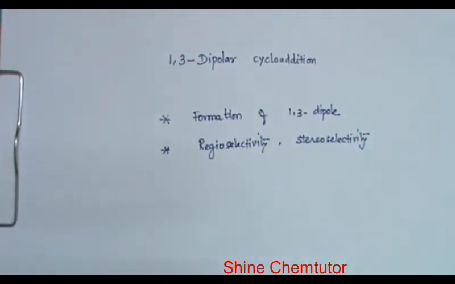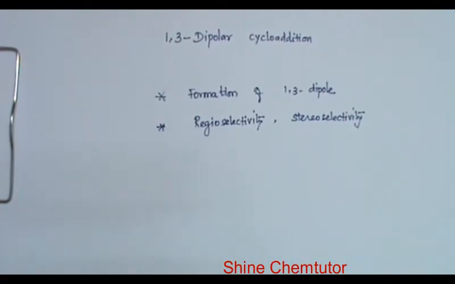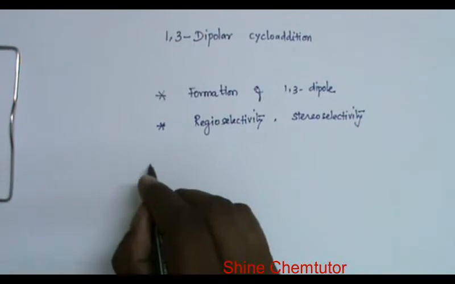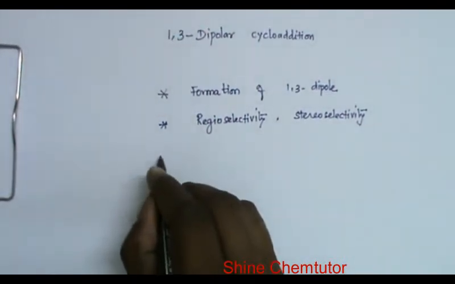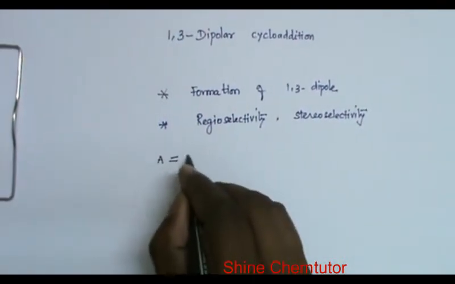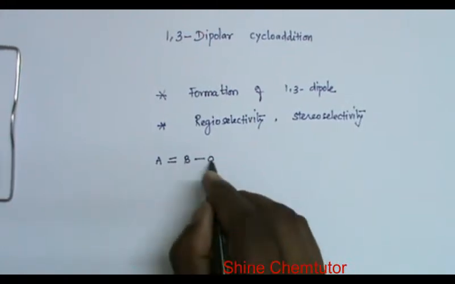Before going to the formation of 1,3-dipole, first let us see what 1,3-dipoles are available and what you mean by 1,3-dipole. Generally, the 1,3-dipole will have a structure like this.